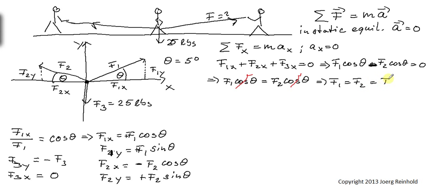Let's just call this F. So they're both pulling with the same force, provided the angles are the same. So each pulls up at the same angle. So we know these two forces are equal in magnitude.